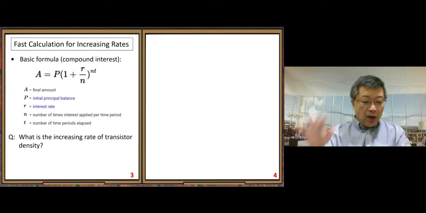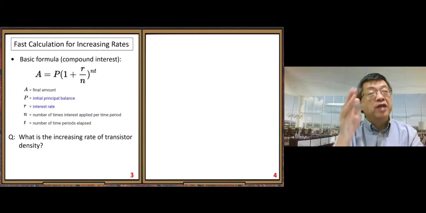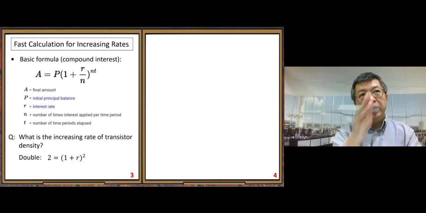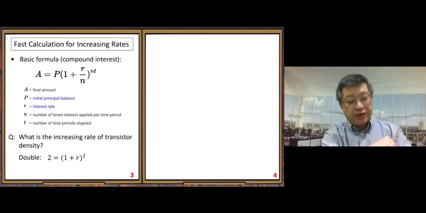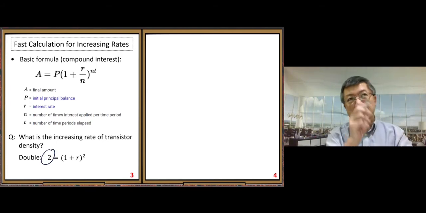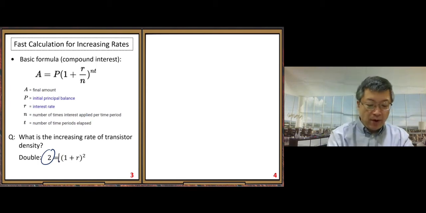All right, so our question: what is the increasing rate of transistor density? We use Moore's law here. So we double every 2 years. You can see this number A means double. We set the initial value as 1 here.